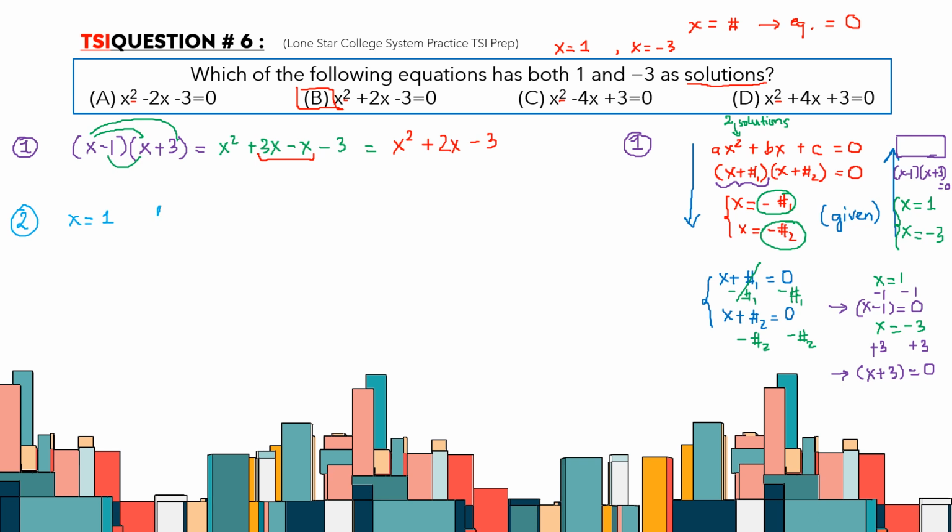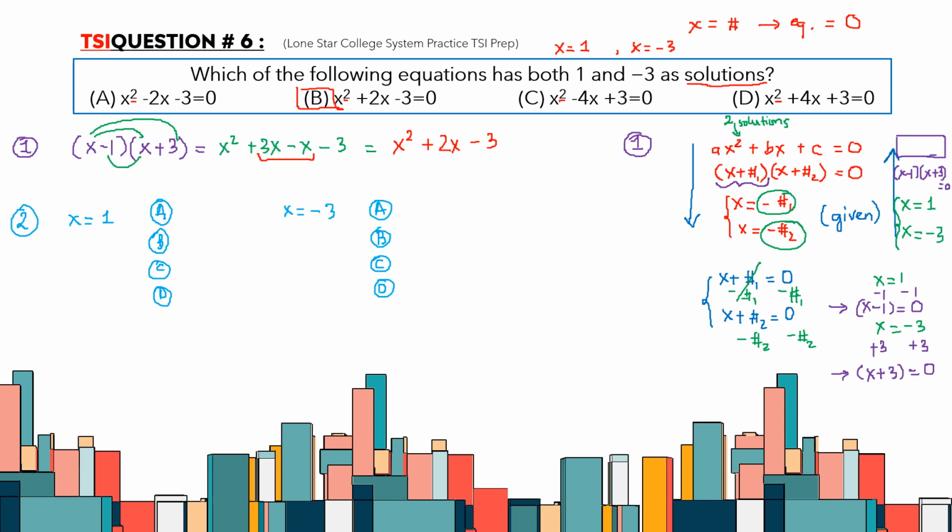Whenever it checks out, we can continue with x equals minus 3 and plug in again. If we don't get 0, it could be the wrong answer.